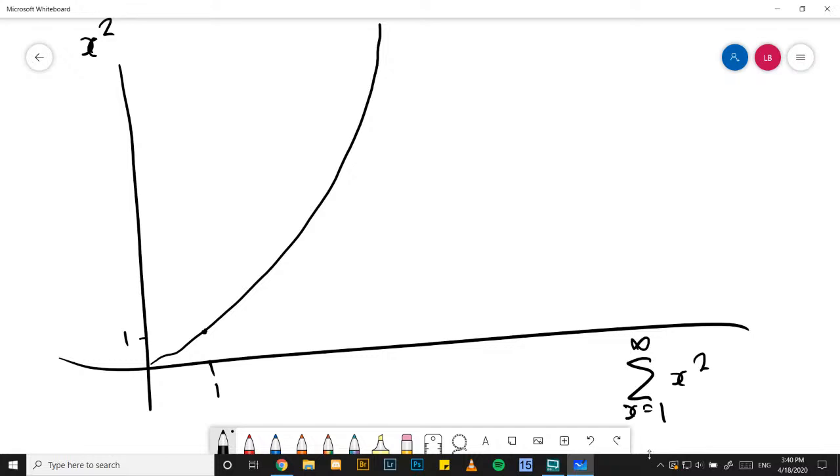So let's think about this in terms of areas, right? For x equals 1, for x squared you're going to get some value of 1, and you're going to assign it an area of a rectangle of this width, right? And if you have 2, you're going to end up with 4. So you're going to have a height of 4. And that's going to be your height of 4.